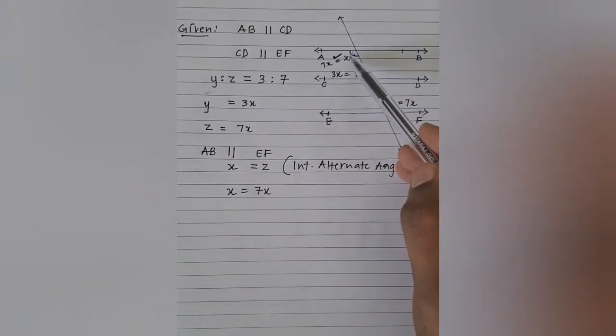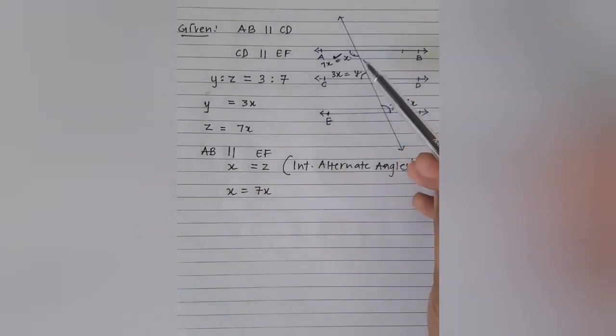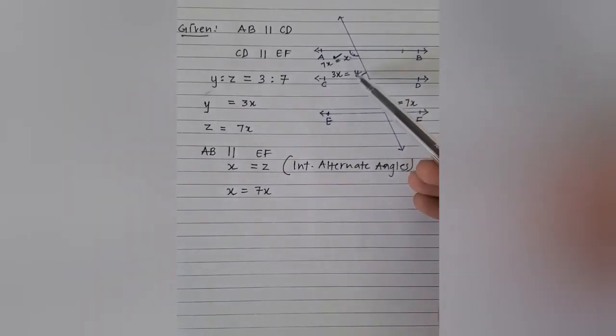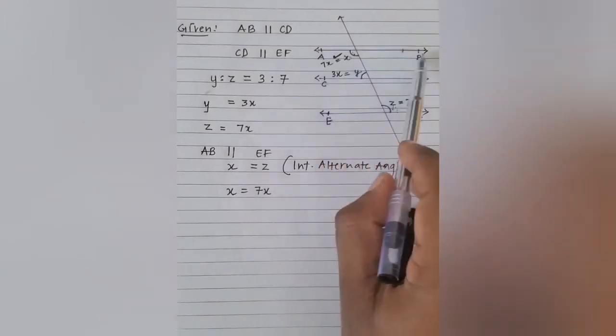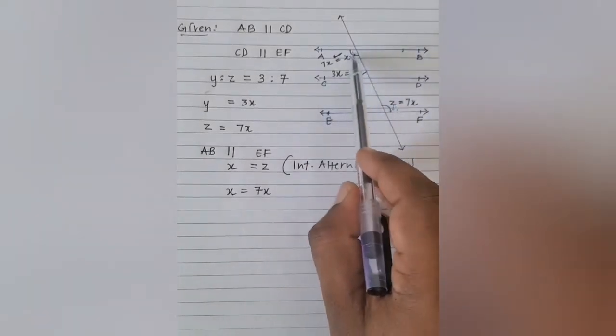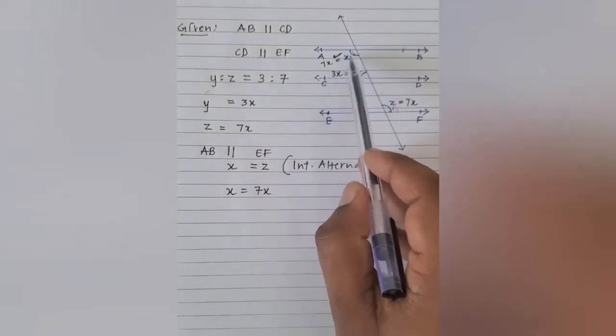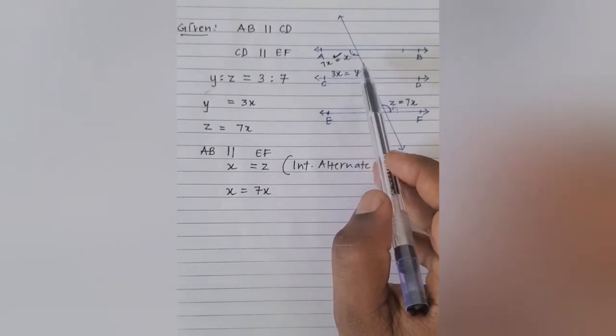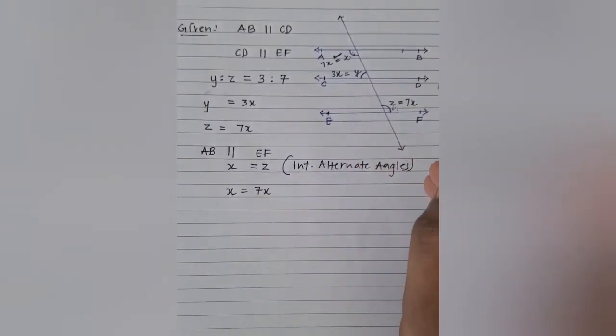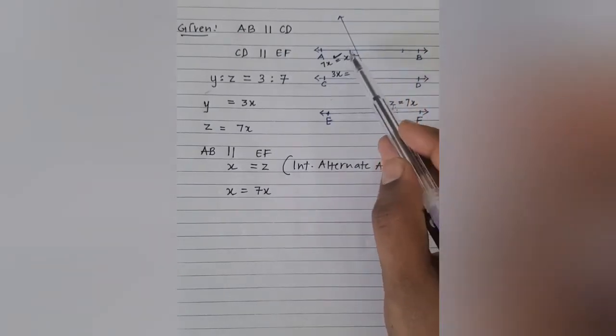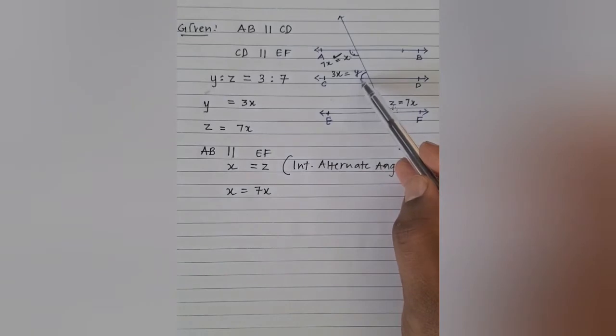Can we say that x and y also have some relationship as far as the type of angles is concerned? If you consider line AB and line CD, what type of angles are these x and y? They are the interior angles on the same side of the transversal.